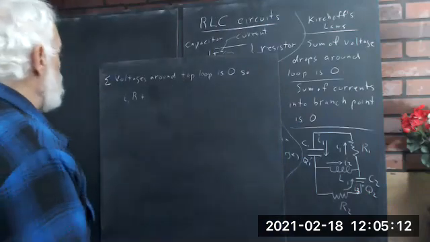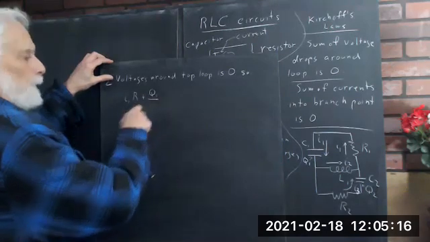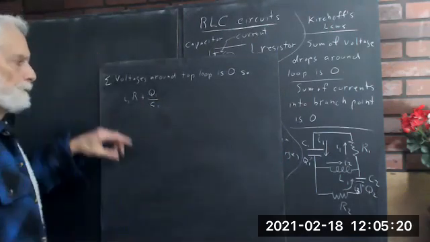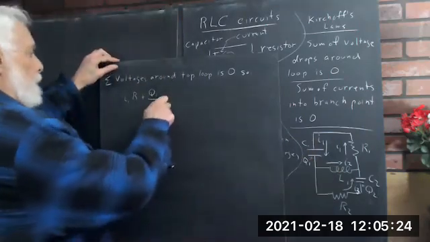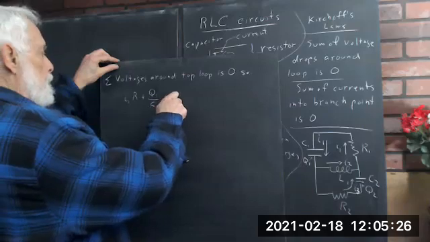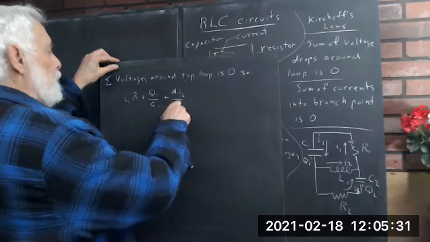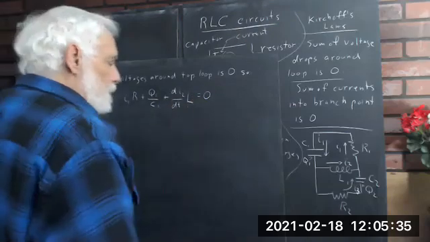Okay, so you've got I1R1 plus Q1 over C1. That's your voltage drop here. And then you have dI2/dt times L has to equal 0.